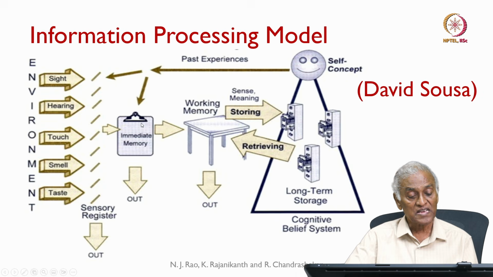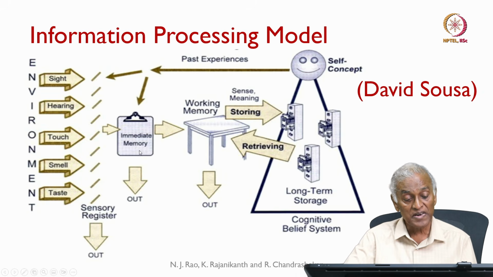Then it gets transferred to the so-called intermediate memory. What stays here and what goes to the next stage depends on past experiences, and the rest of that information is thrown out. Then the filtered information goes to the working memory.